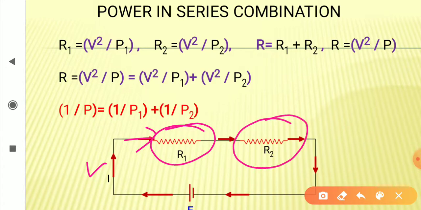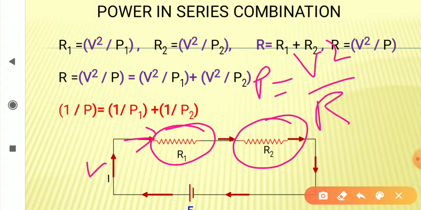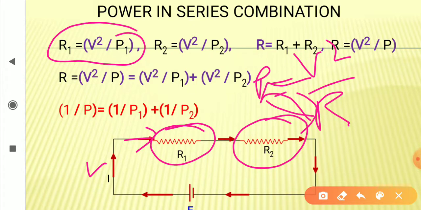Now you know that these bulbs are available in market and they are designed to work at constant voltage. It can be 220 volt or 230 volt for a house supply, right? So you know that power P is equal to V square upon R, or R is equal to V square upon P. Just change the sides, you see, right?